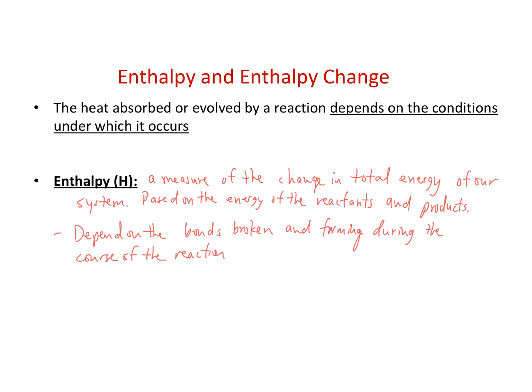So the change in enthalpy will be different for each reaction we look at, because it will depend on how many moles I have, how many bonds I'm breaking, and what bonds I'm forming. But the important thing is that enthalpy is a state function. And I'll define a state function on the next slide.